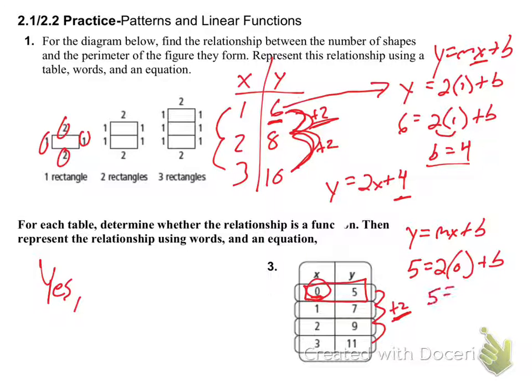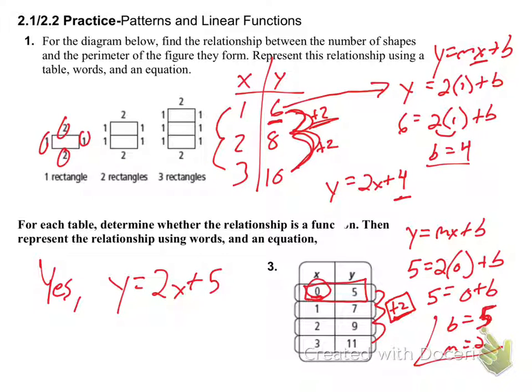So 5 is equal to 0 plus b, so b is going to be equal to 5. And then, like we said before, our slope, or our m, is going to be 2. So now that you have the m and the b, I can say that the equation is y is equal to 2x plus 5.